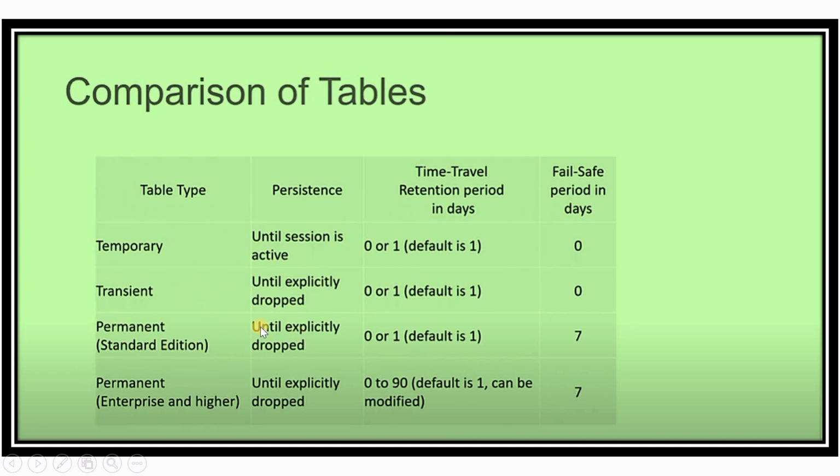The retention period for the transient table is 1 day, for the permanent table in the standard edition it is just 1 day, and for the permanent table in the enterprise edition we have 0 to 90 days. The fail safe period is 7 days in both editions for the permanent table.